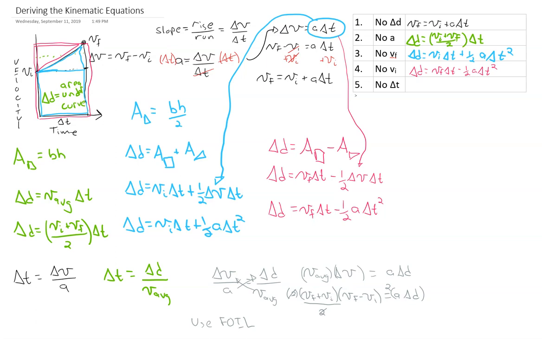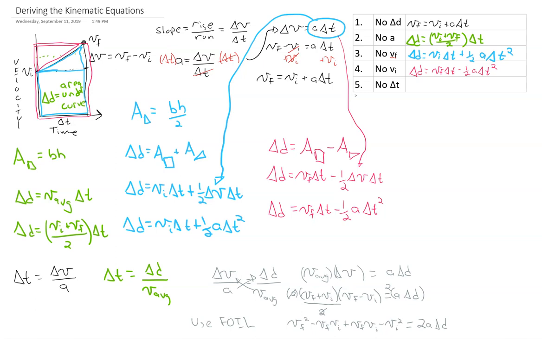So VF times VF is going to give me VF squared. VF times negative VI is going to give me minus VF VI. And then my inside, VI times VF, is going to give me a positive VF VI. And VI times negative VI is going to give me minus VI squared. And that's all going to equal 2A delta D.